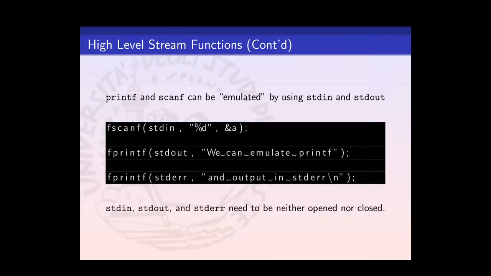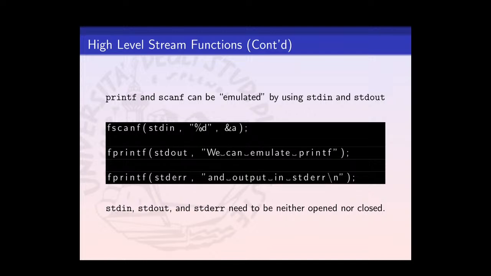Now, since the C programming language provides three special variables, which are stdin, stdout, and stderr, which are meant to represent the standard input, the standard output, and the standard error respectively, you can emulate the behavior of scanf and printf by using fscanf and fprintf.